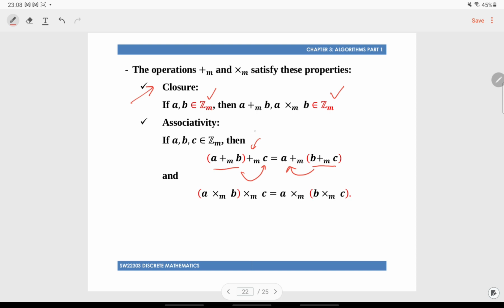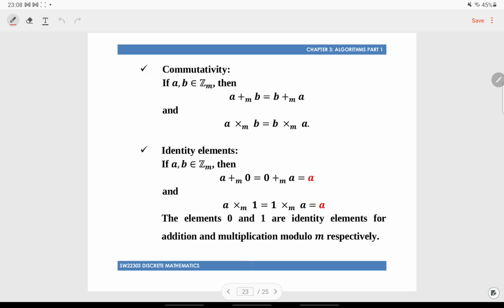Parenthesis means we solve that operation first. So left hand side equals right hand side. That's why both operations satisfy the condition for the associative property.